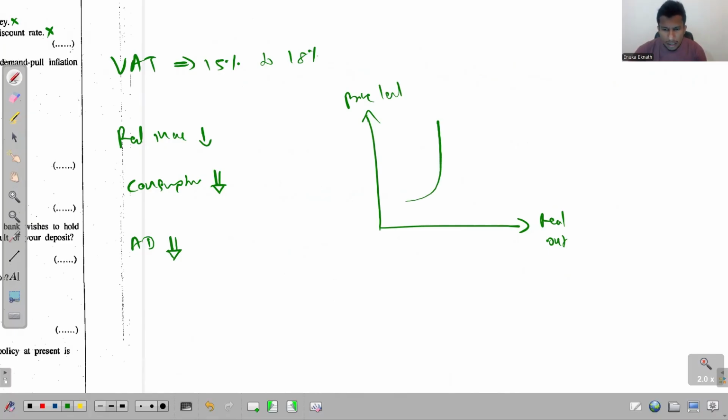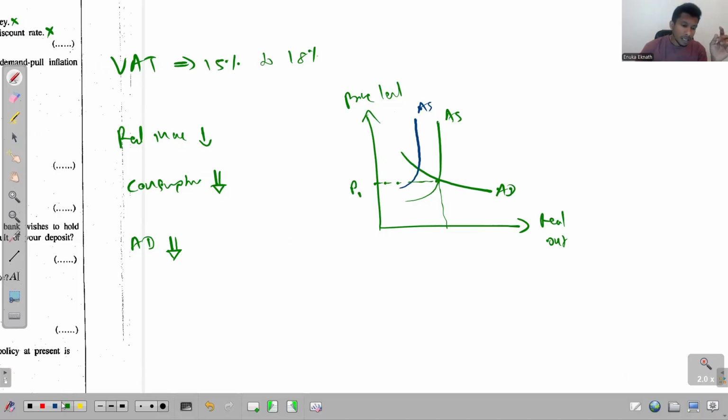Just imagine that this is the aggregate supply and this is the aggregate demand. And when the VAT rate is increased, what happens to this aggregate supply curve? The aggregate supply curve gets shifted to the left side. Aggregate supply decreases, and as a result, see what happens to the price level. Previously, this was the price level. Let's recognize that as P1.